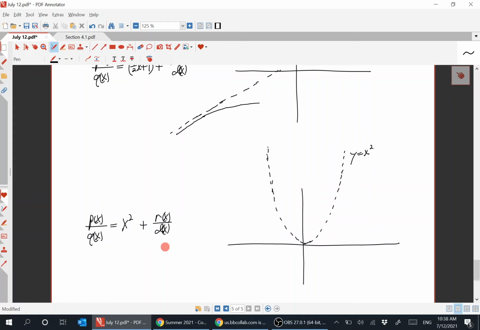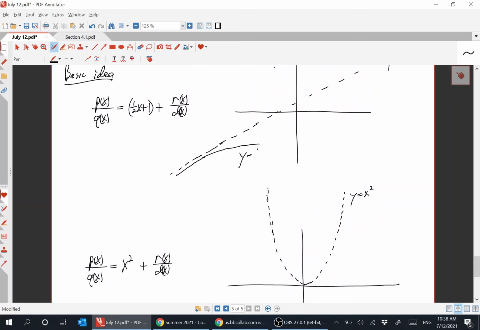So the graph of the rational function y equals p of x over q of x is essentially the graph y equals x squared, except for what's going on in the middle. It's going to look like that, with some vertical asymptotes in the middle, perhaps.